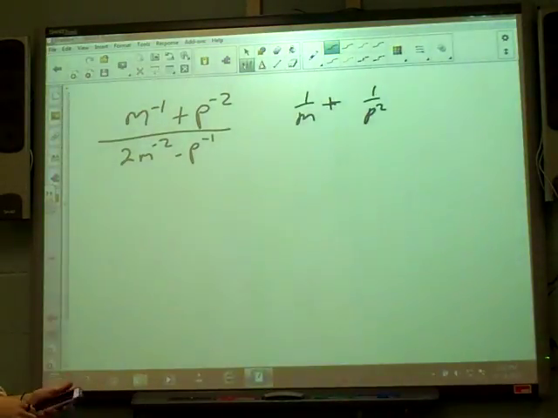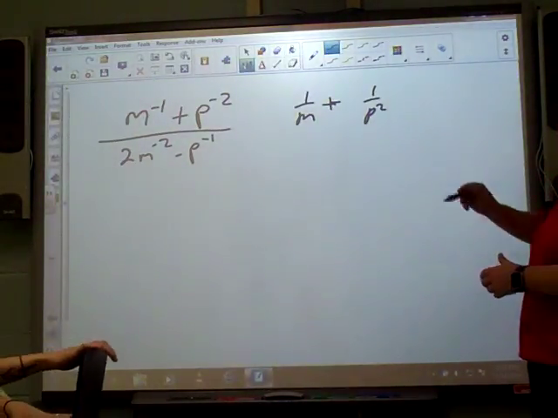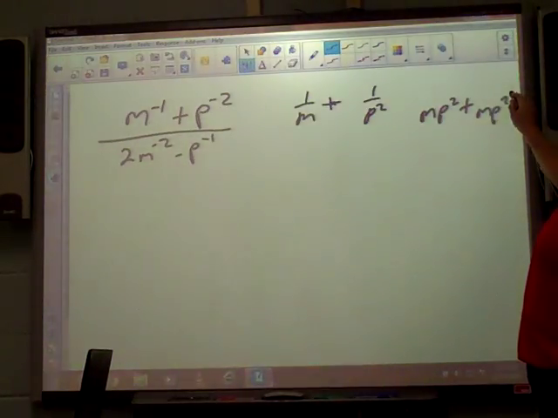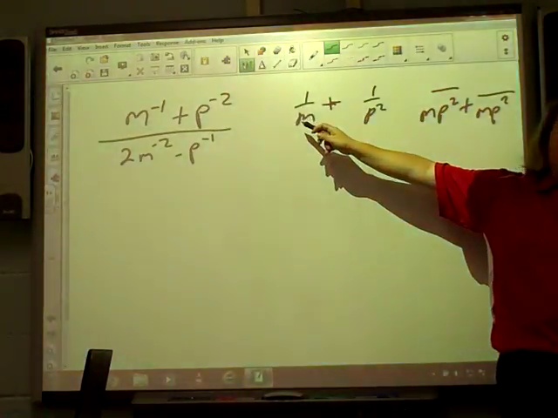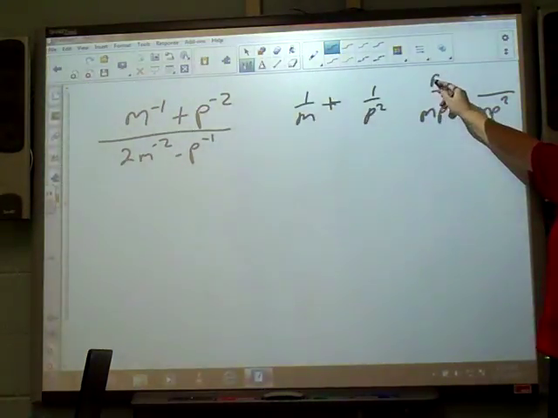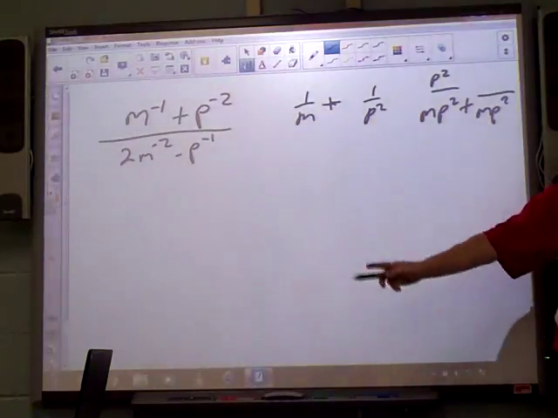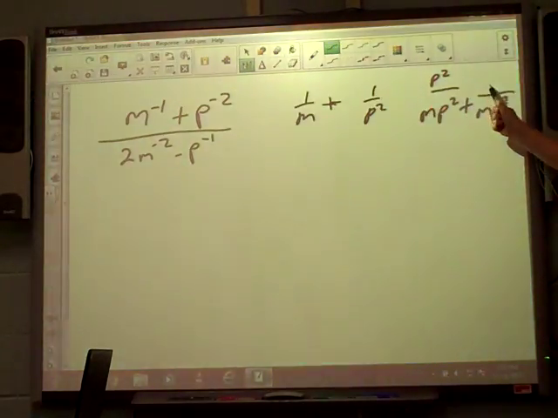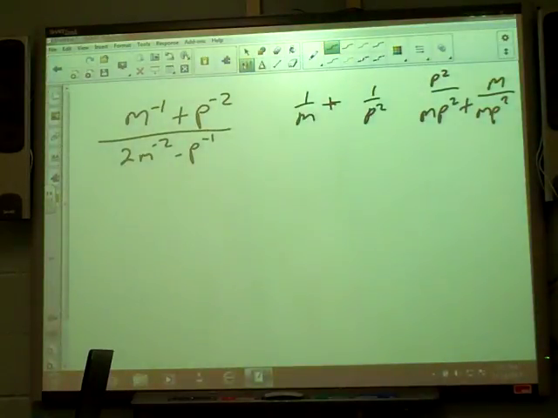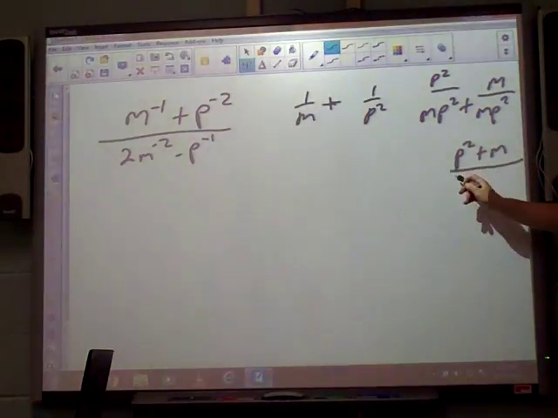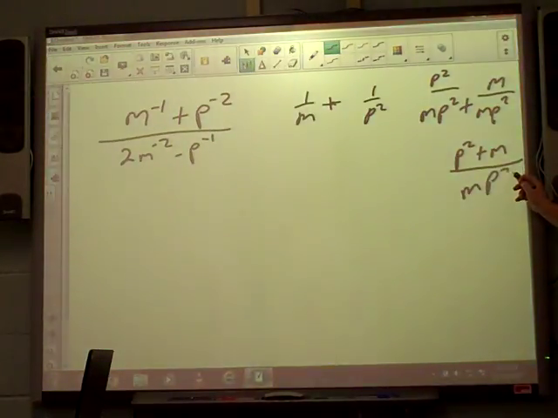You would take the product, m p squared. I only had an m here, so I multiply by p squared, which means I need to multiply the top by p squared. I only had a p squared here, multiplied by m, so I need to multiply the top by m. So now I can write that over one denominator: p squared plus m over m p squared.